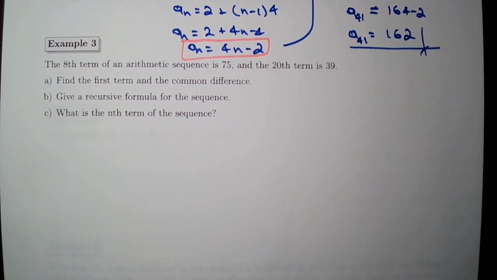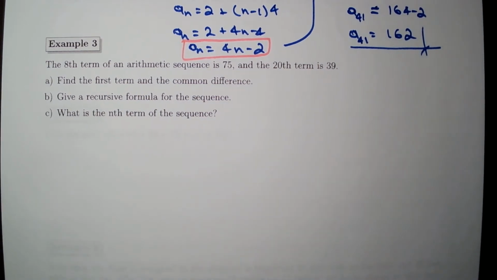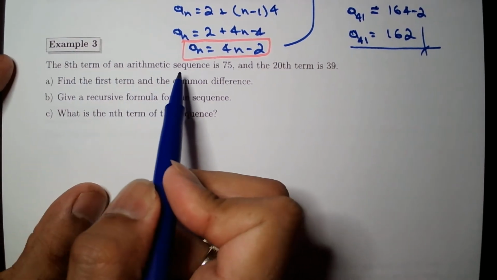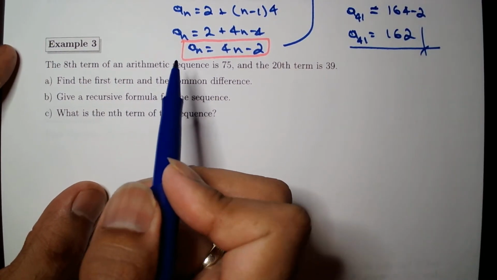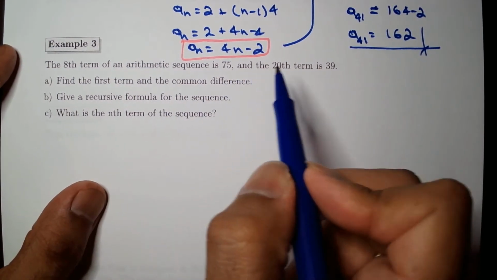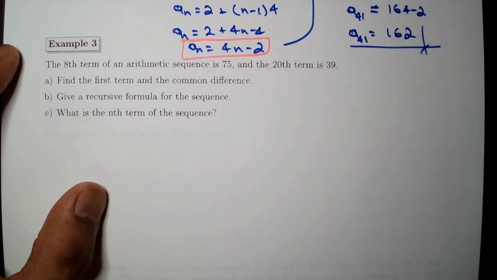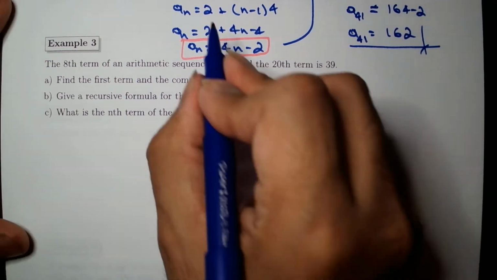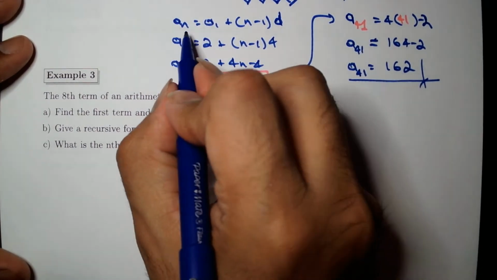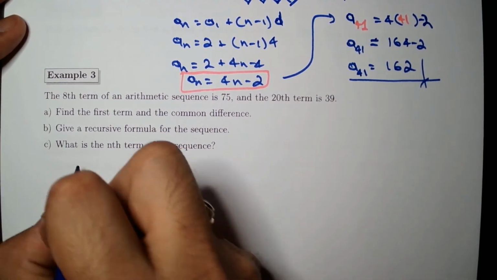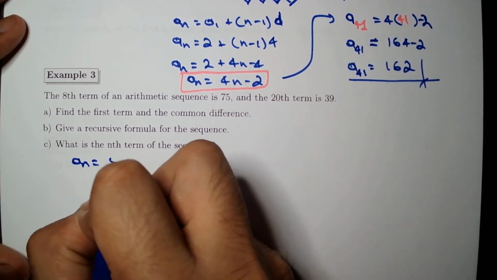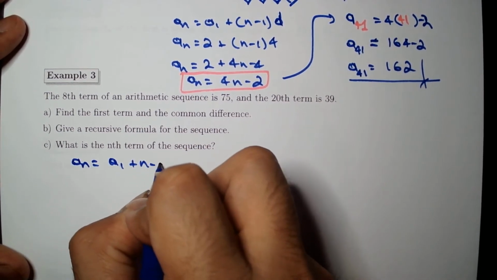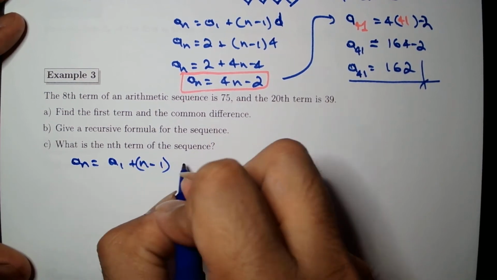A very typical example here, example 3: we're given two pieces of information. The 8th term of an arithmetic sequence is 75 and the 20th is 39. Let's find the first term and the common difference. In this case we use the same formula, a sub n equals a sub 1 plus n minus 1 times d.